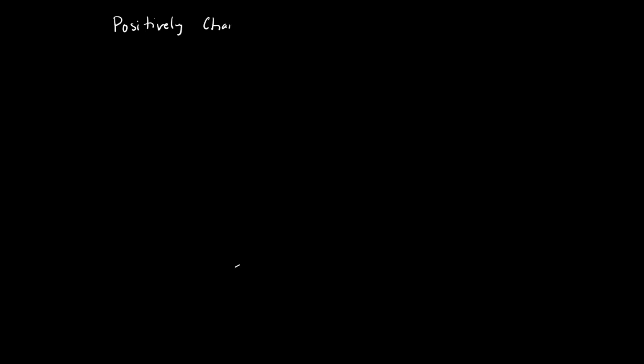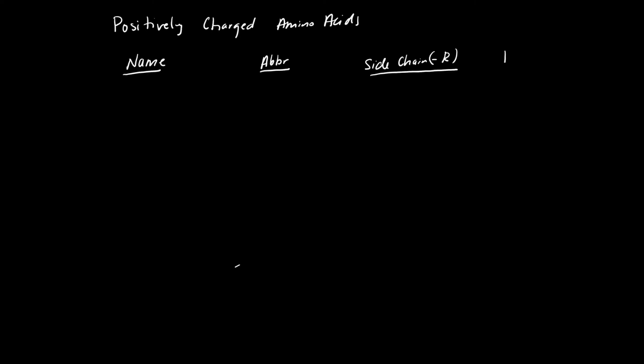All right, so next we have amino acids that are typically charged under physiological conditions. First, we have the positively charged group, and we'll add here for all of these, you'll want to know the pKa values for the side chain.